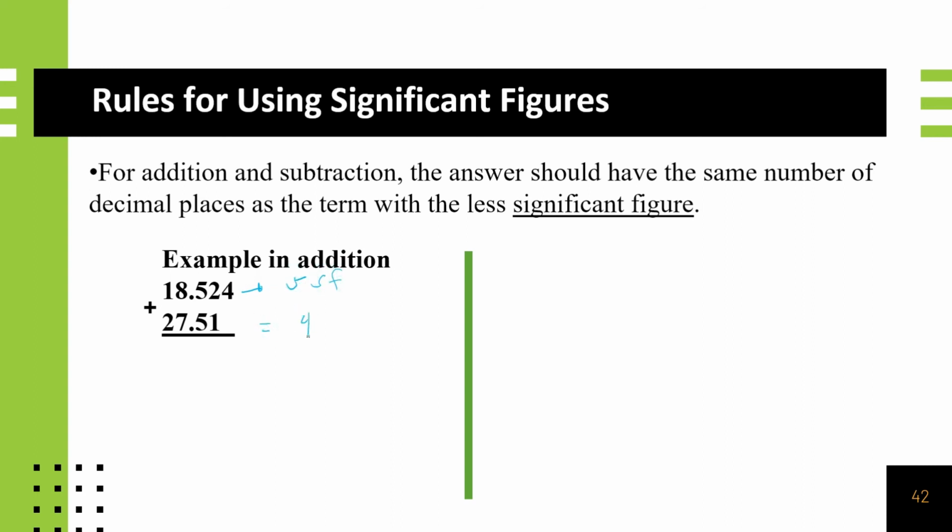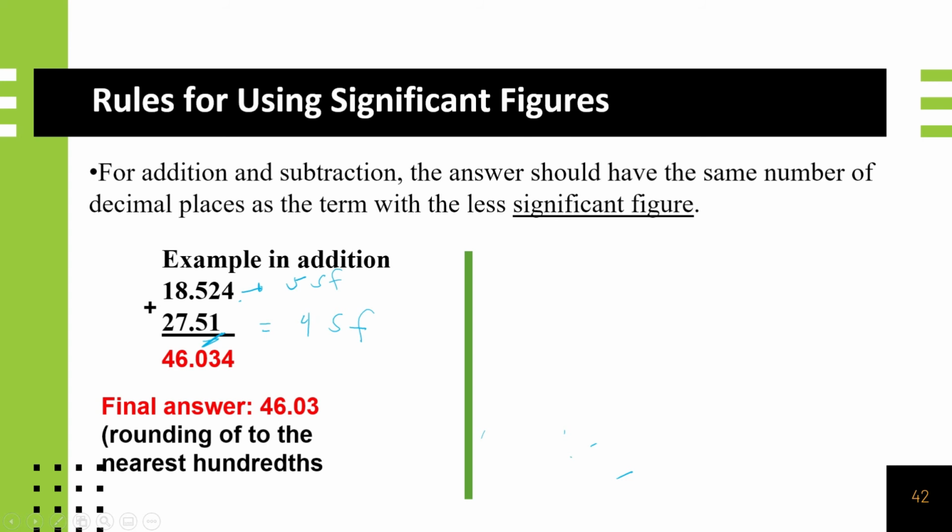This is 4 significant figures. So this has fewer decimal places compared to the one above. When we add them, we get 46.034. Now, the final answer needs to follow 4 significant figures. Where is that? That includes 46.03. Okay, we followed the 4 significant figures.